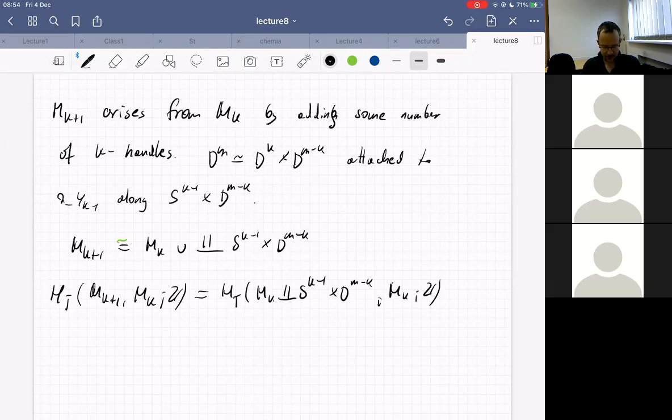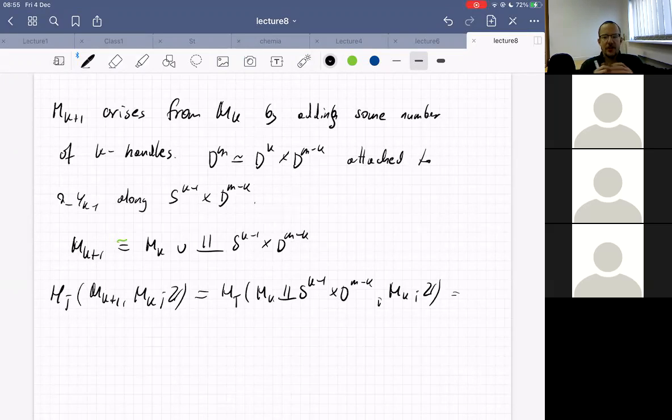So we have this. And now there is an axiom of homology, which is called excision. When I was young, I didn't like excision. I loved the Mayer-Vietoris sequence. We will come back to Mayer-Vietoris in a few minutes. But then I learned from older mathematicians that they use excision all the time.